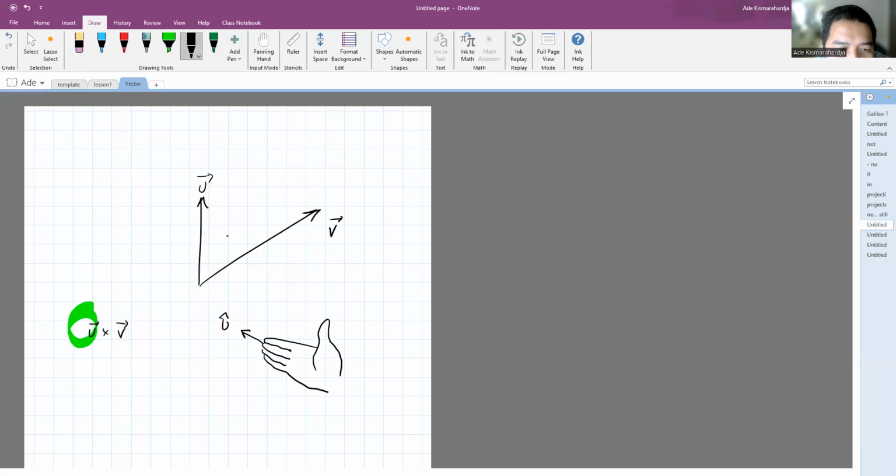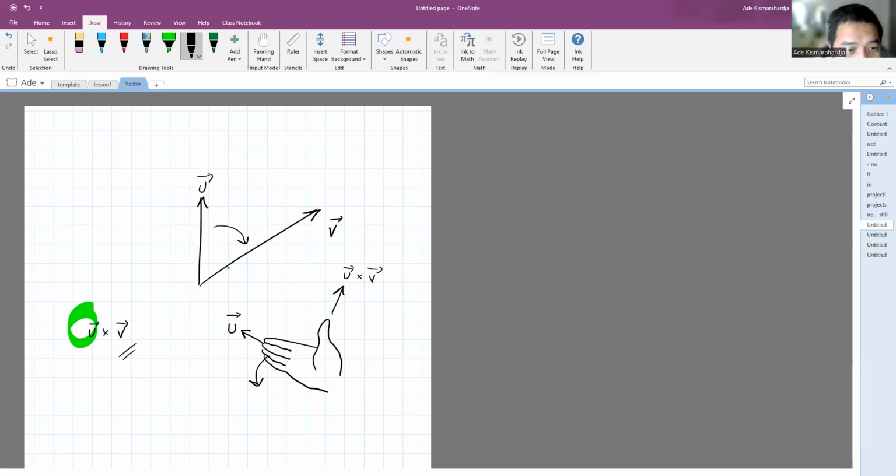So you put these fingers pointing to the direction of U. And then after that, you rotate the fingers, the shortest rotation, to the second one. So this is the rotation that you will do. When you use your right hand and rotate from U to V, the direction of the thumb is the direction of that cross product.